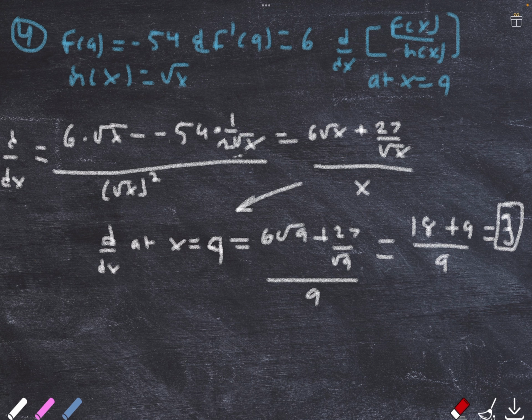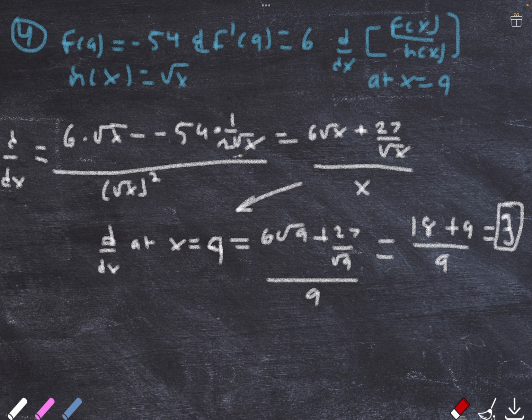Basically, we use the same thing we did for the other problems. We take the derivative of the top, which is 6, times just the regular bottom, which is radical x, minus negative 54, times the derivative of radical x, which is 1 over 2 radical x.